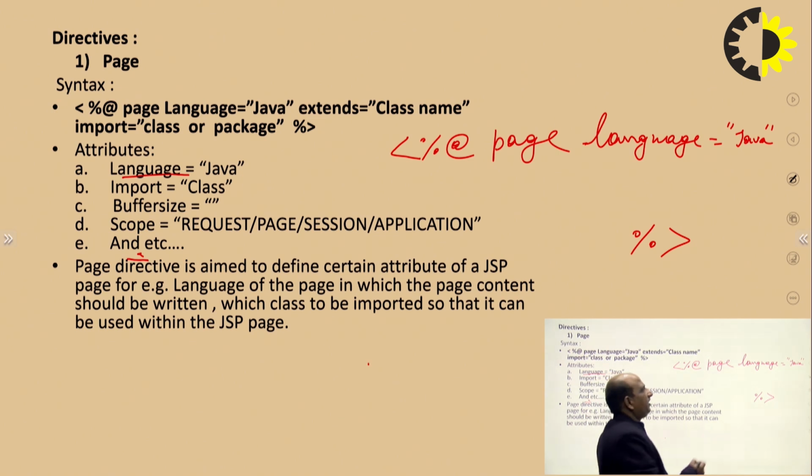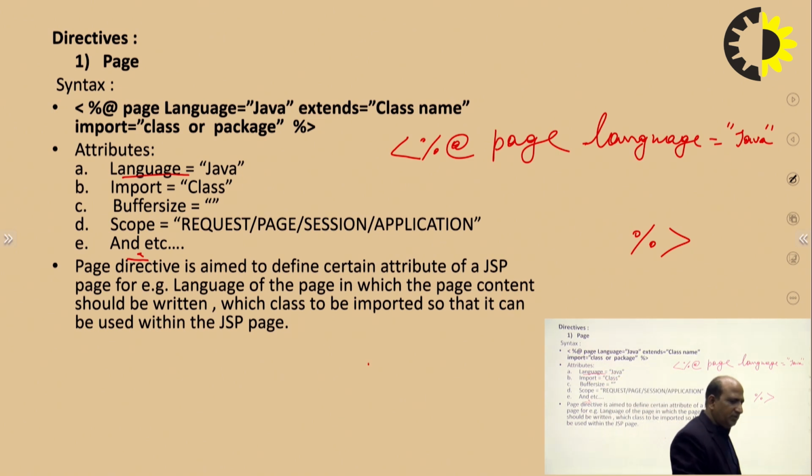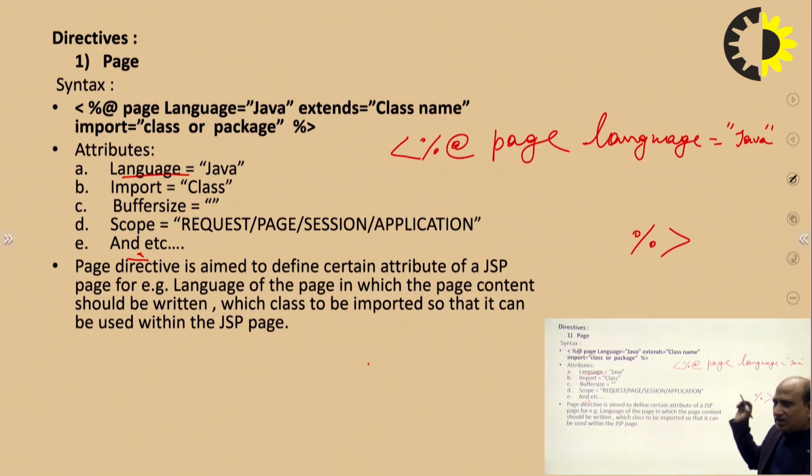It means we are instructing the compiler of the JSP engine that whatever code is written in scriptlet, declaration or expression is in Java language.